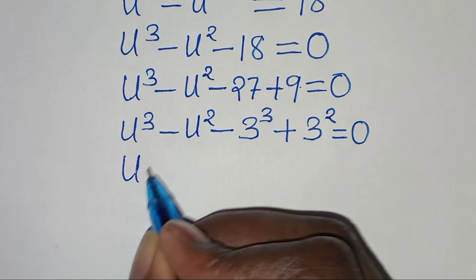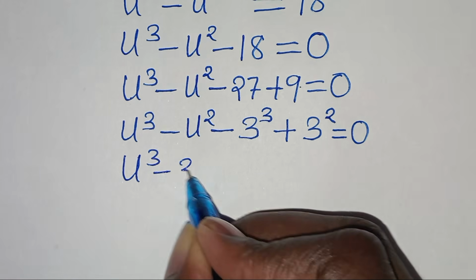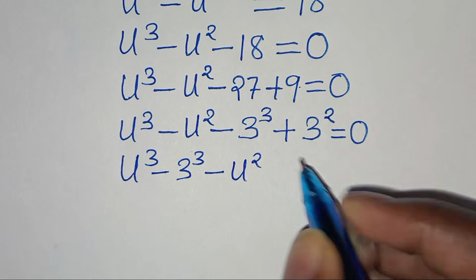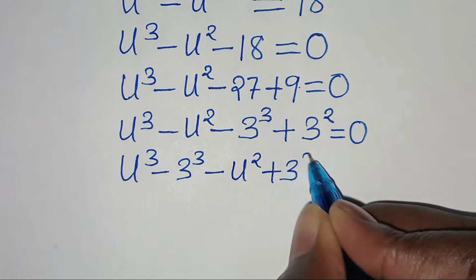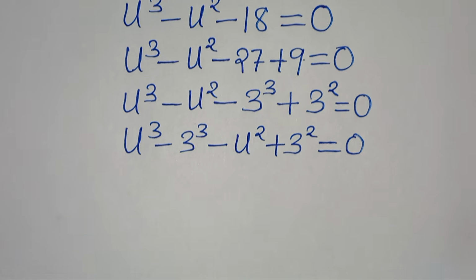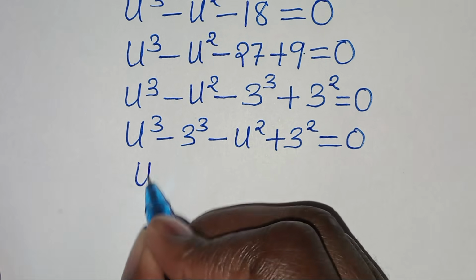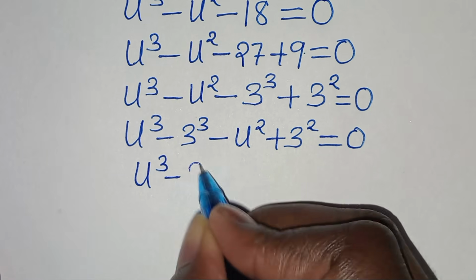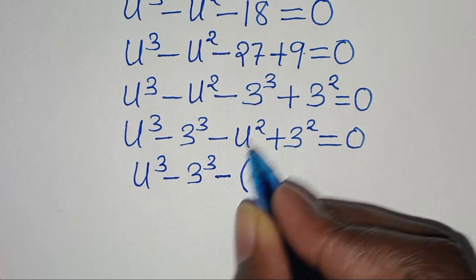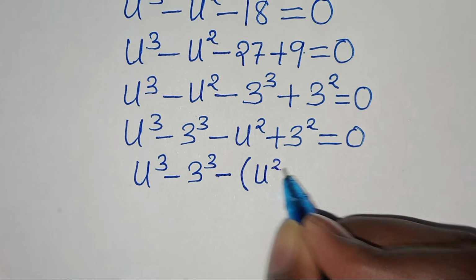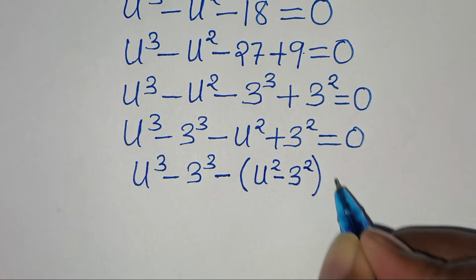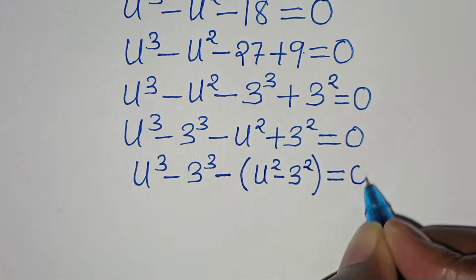So this is u to the power of 3 minus 3 to the power of 3, subtract u squared plus 3 squared. This is equal to 0. So this is u to the power of 3 minus 3 to the power of 3, subtract, in the parentheses, u squared minus 3 squared. Close the parentheses. This is equal to 0.